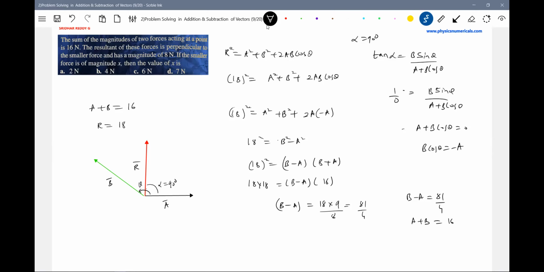Solving this, we will get A and B. So A will be 6, B will be 10 Newton. The smaller one is this one, no? This will be our answer.